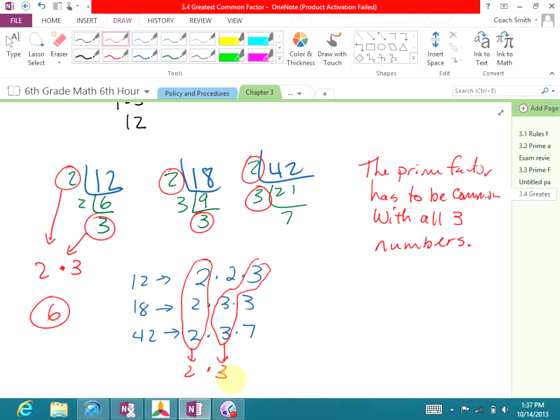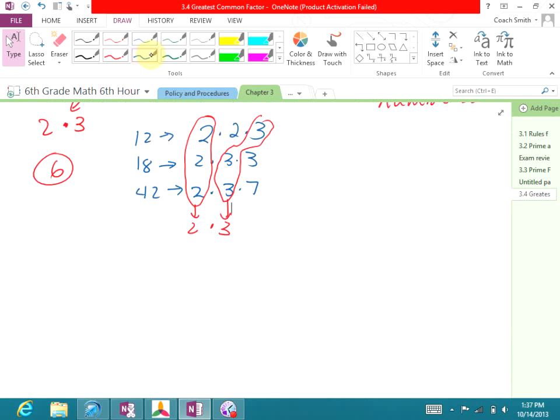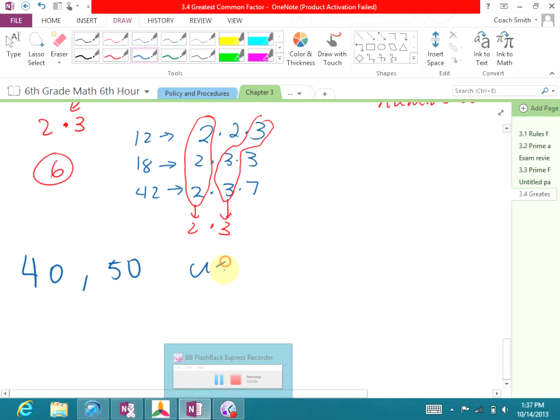Okay, I want you to do this one on your own. I want you to find the greatest common factor between 40 and 50. Use prime factorization.